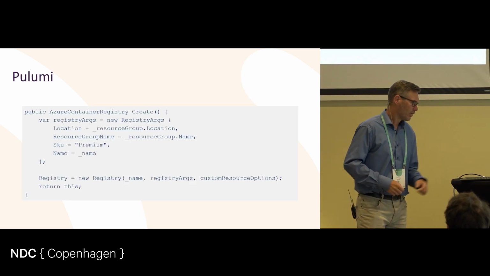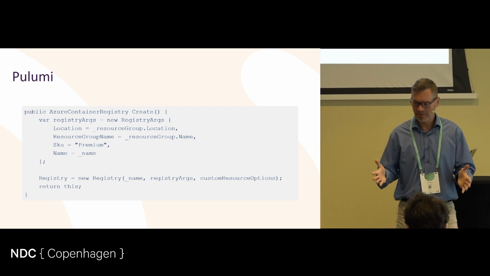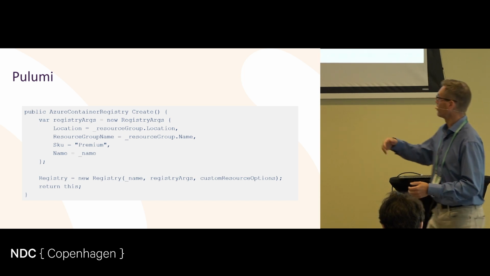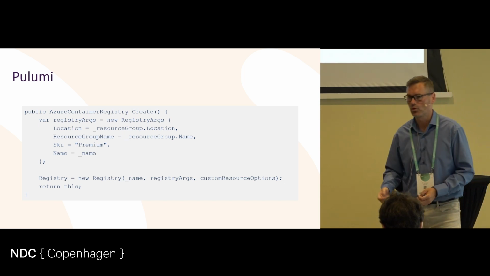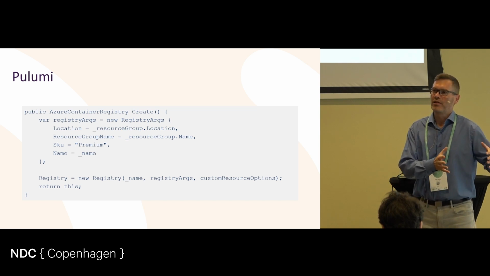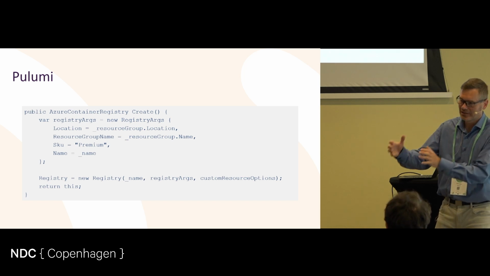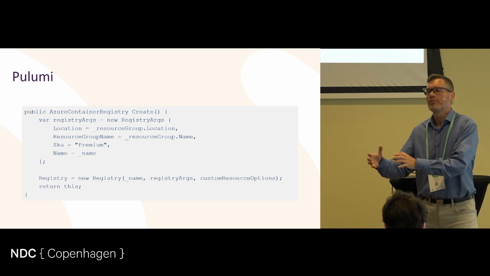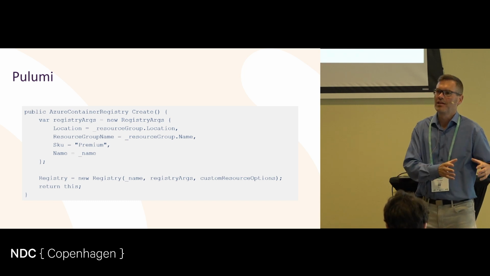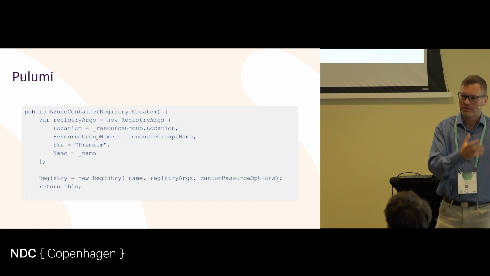And then we went to something else, Pulumi. Pulumi was nice because it was more of a configuration style of coding, which everybody understood. And you can even develop Pulumi in your language of choice. That means that the teams, not the platform team, but other teams, can also take this and develop their own infrastructure.